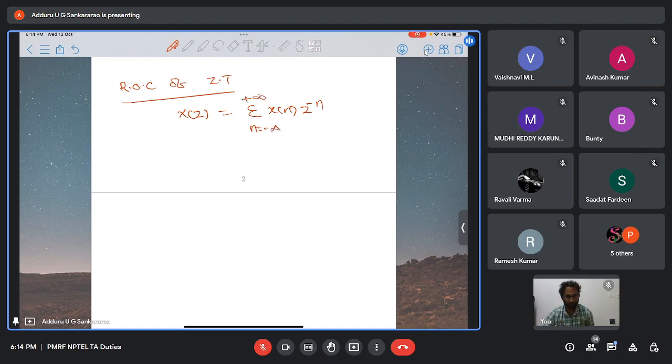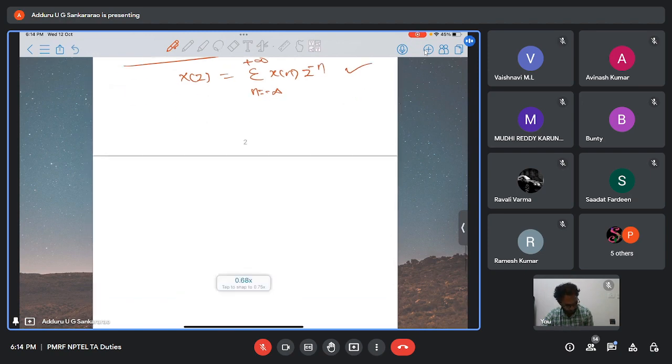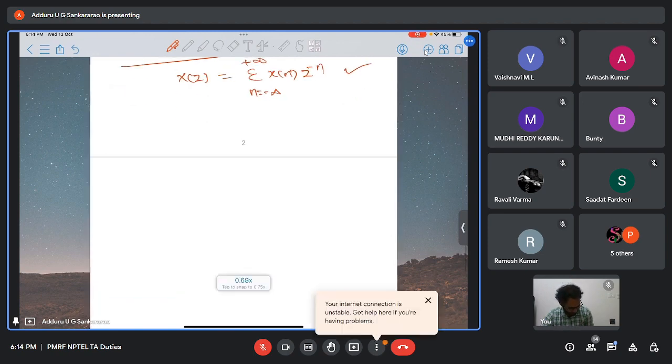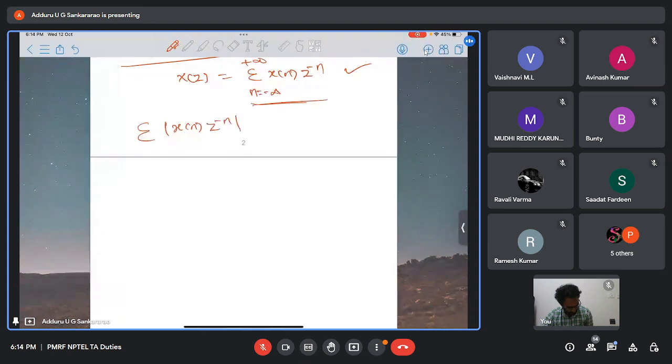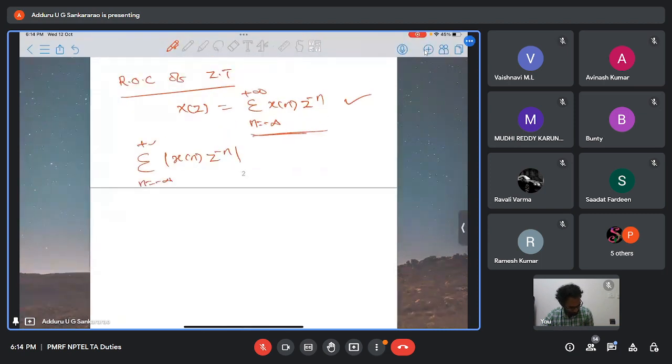Then for what values of z this equation is defined, that is nothing but the region of convergence. So here it is a summation, right? So here it should be absolutely summable. So n equal to minus infinity to plus infinity, this entire thing should be a finite quantity, it should not be infinity.